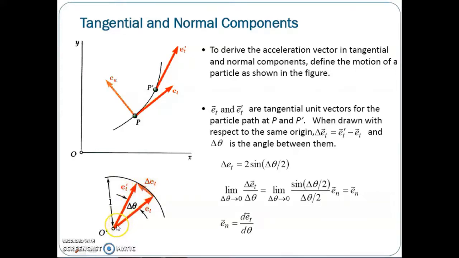If we cut it in half, then this is 90 degrees, and we have delta theta over 2.